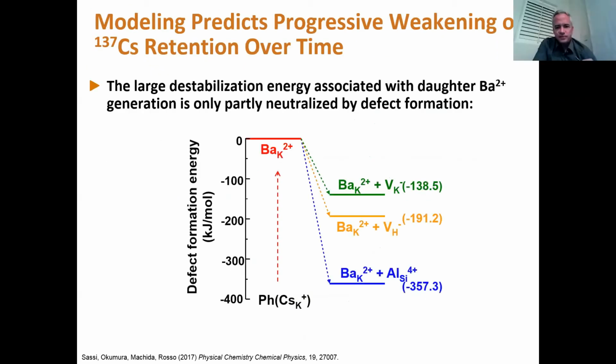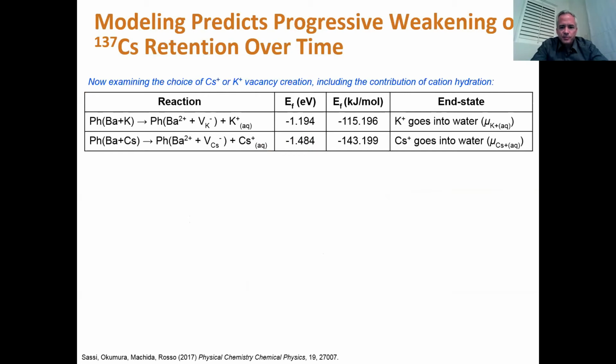So the question is, if the cesium is being substituted into the lattice and transmuting over time to barium 2+, is there a compensation pathway in the solid that will allow the system to relax to an isoenergetic or stable structure without having to delaminate and release the cesium back into the environment?